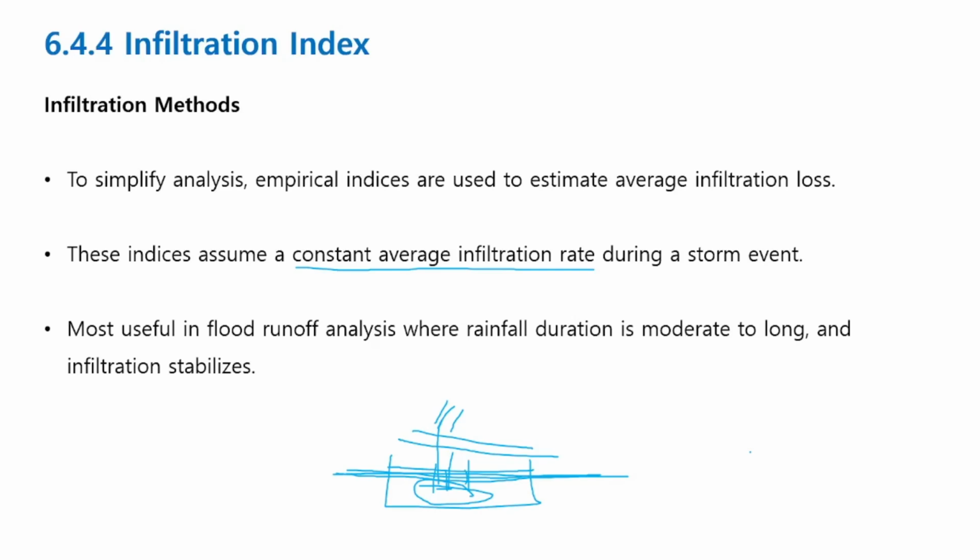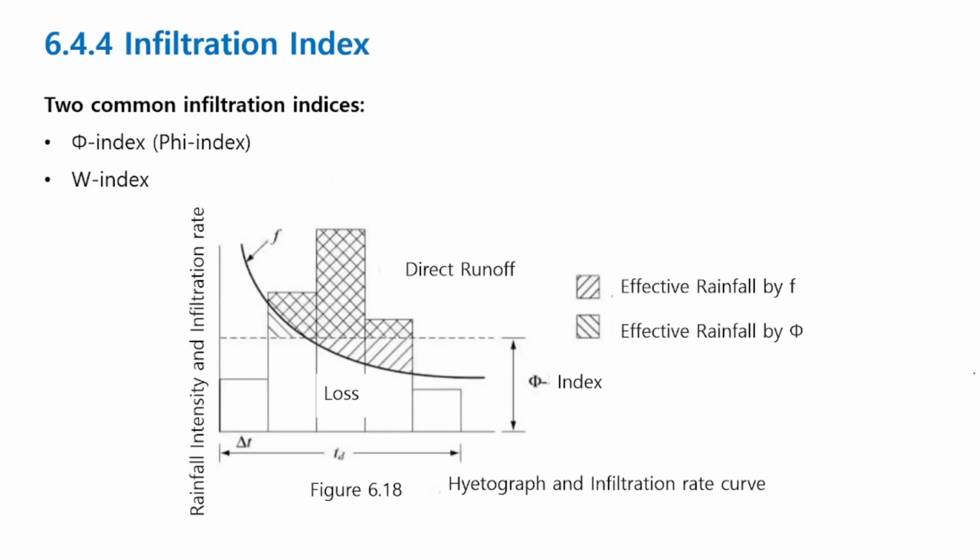They are most useful in flood runoff analysis where rainfall duration is moderate to long and infiltration stabilizes. The two common infiltration indices are the phi index and the W index.